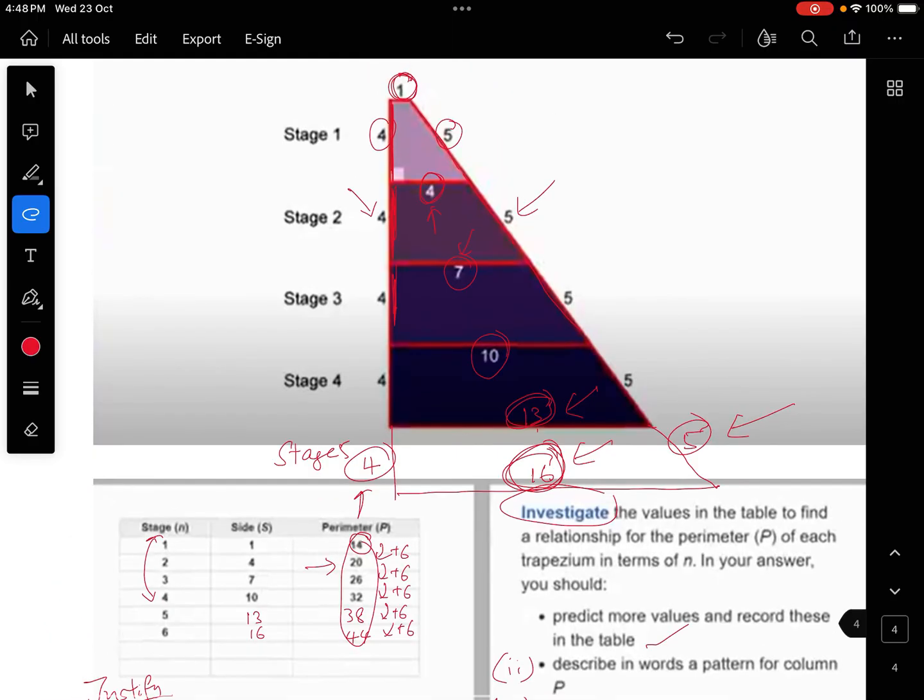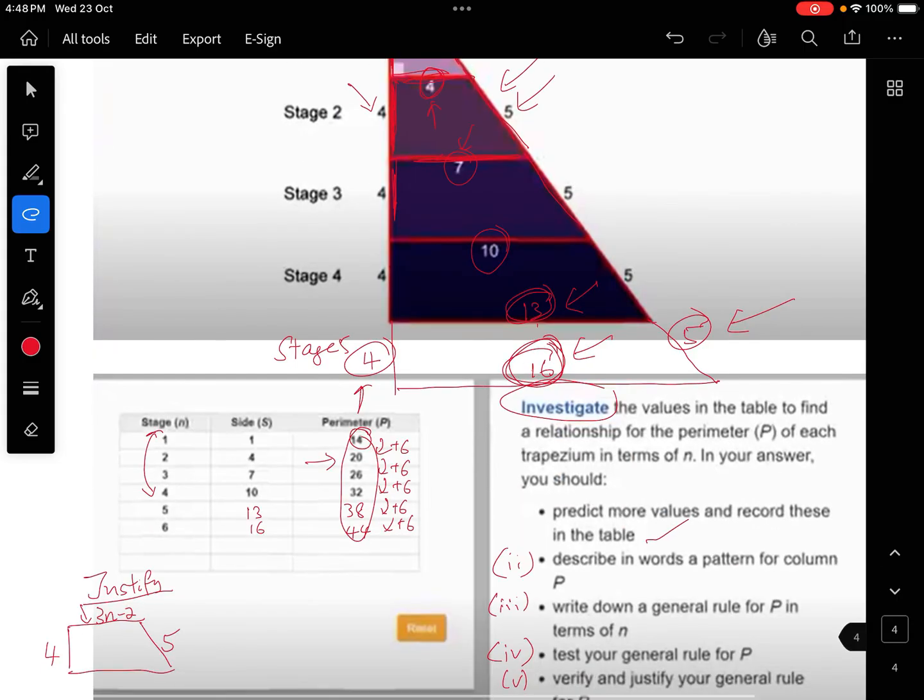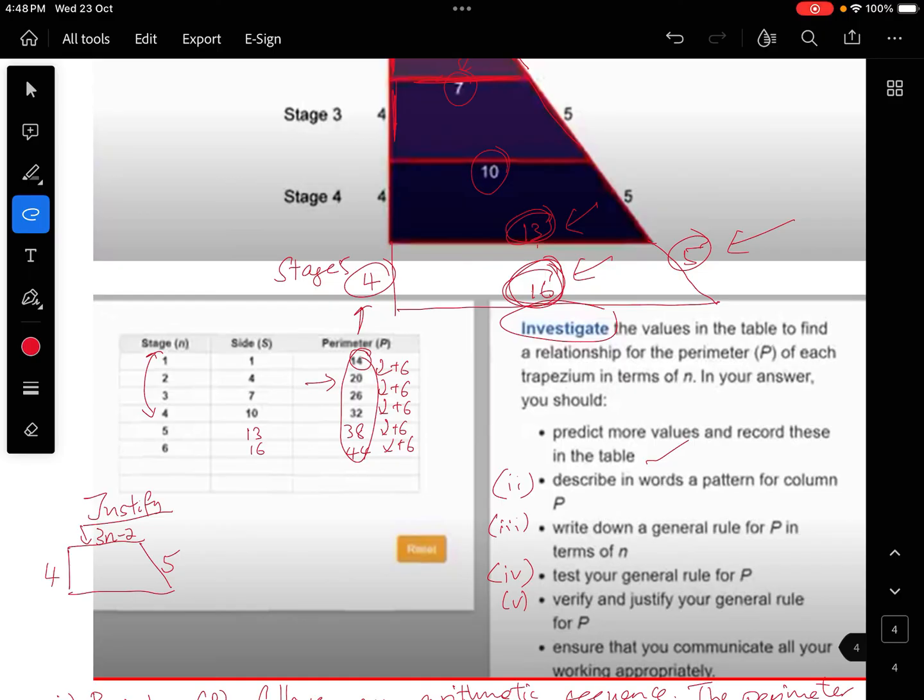Okay, if you don't trust me, let's look at this stage 2 here. If we look at this trapezium here, if this is 4, then this would be 7, which means that the bottom part is always going to be 3 more than this. So we know that if this is 3n minus 2 at the top, then this would be 3n minus 2 plus 3, which is going to give me 3n plus 1.